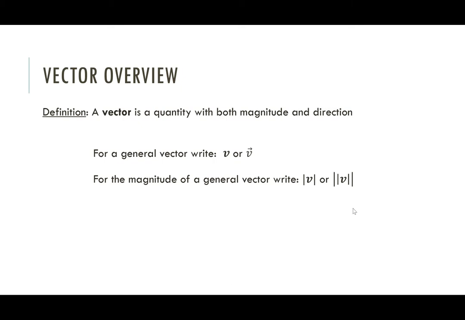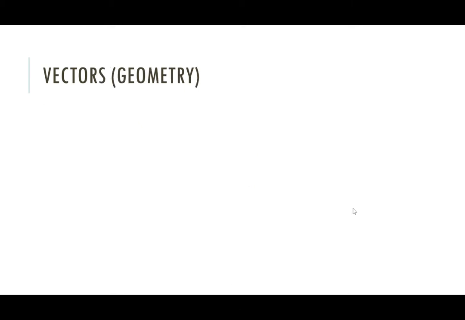But okay, so let's now interpret vectors first geometrically. In geometry, a vector is an arrow. So remember, a vector is a quantity with magnitude and direction. Well, we have an arrow that points in the direction, and the length of the arrow is the magnitude.